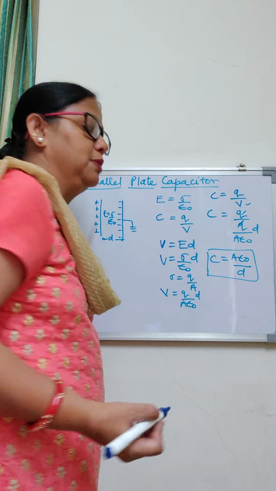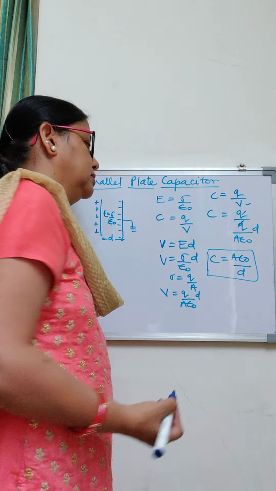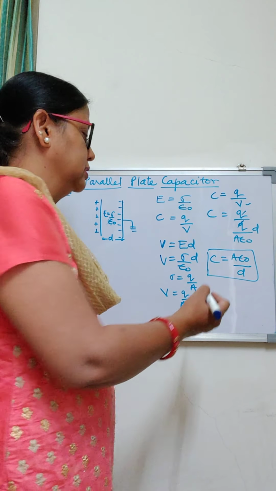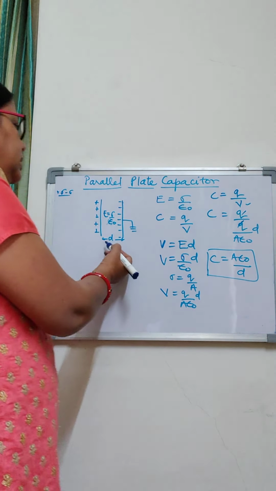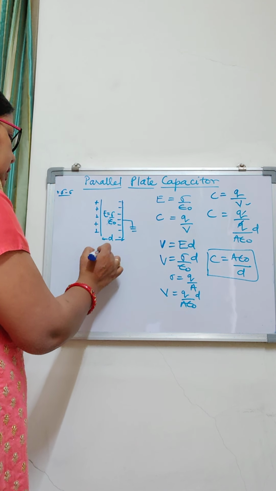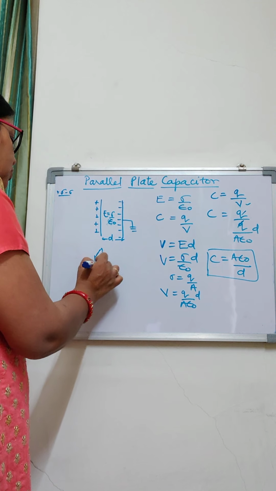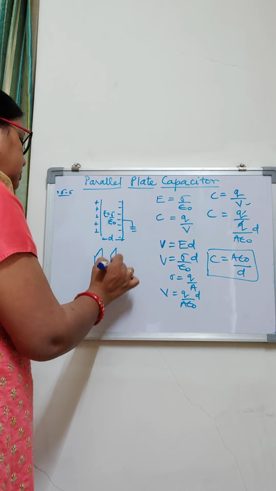Epsilon naught is the permittivity of free space. So if we don't take any medium, this is the formula for capacitance. Now you can see that capacitance depends upon the area of the plates. This is the area of the plate of the parallel plate capacitor.